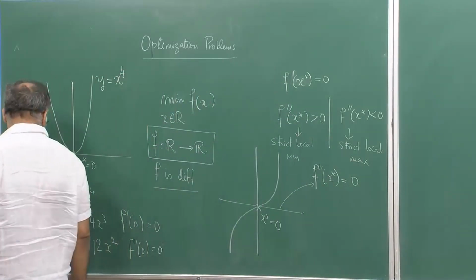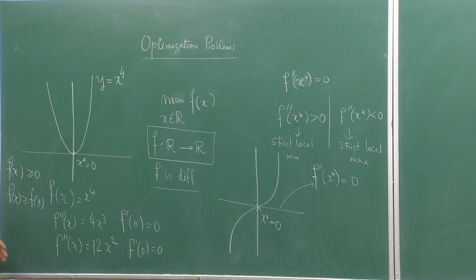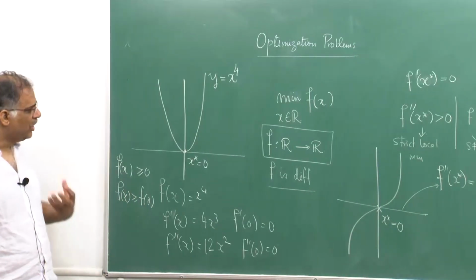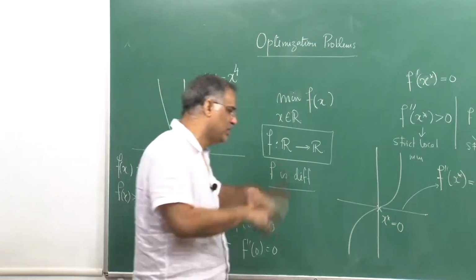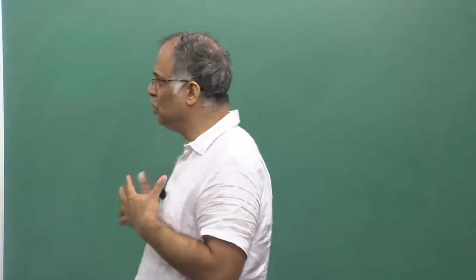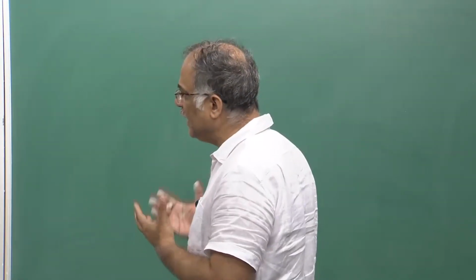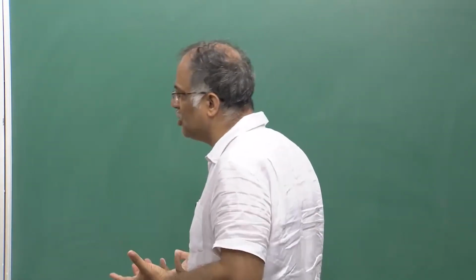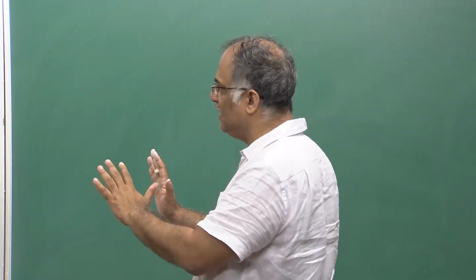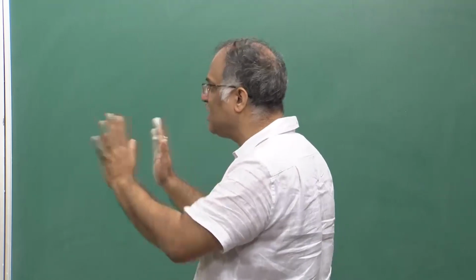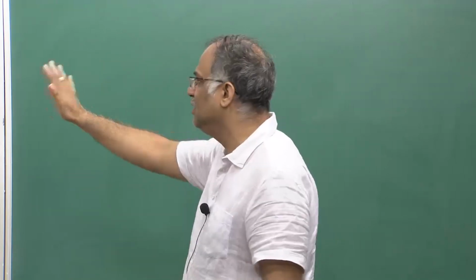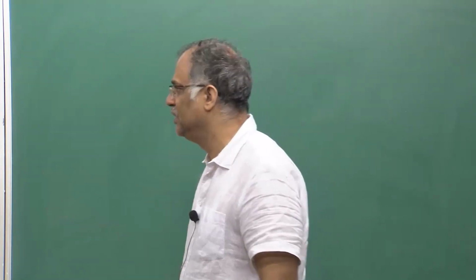Once the second derivative also fails to give me some information, we should either try to draw the graph by current software, or we should look into some other properties of the function which might tell us that if f dash of x star equal to 0 and the function has this additional property, then you get your minimizer.